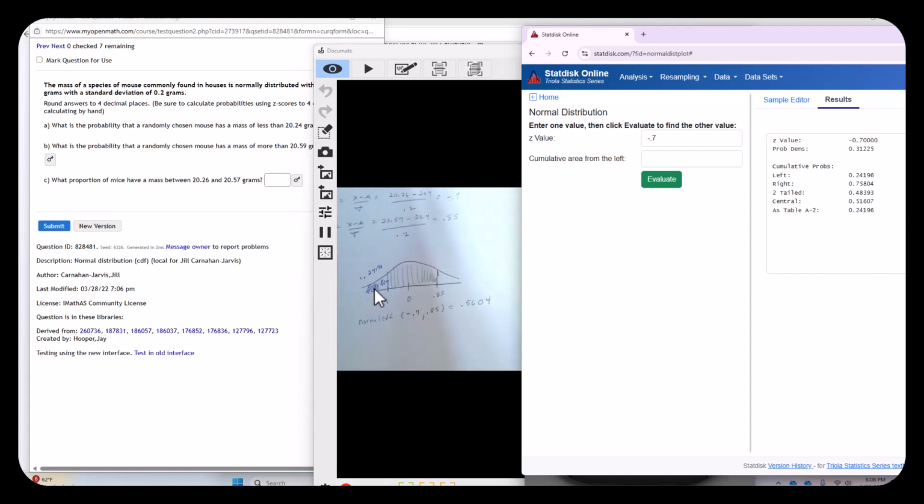Now let me put in the 0.85. Evaluate, and I get the area. I'm going to look at the right. So I know here in the right, I'll put a little arrow up there, I'm getting 0.19766.